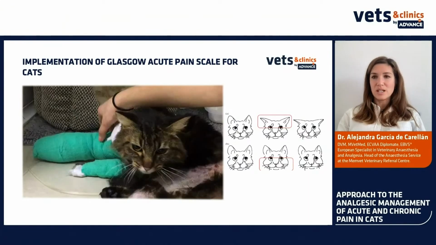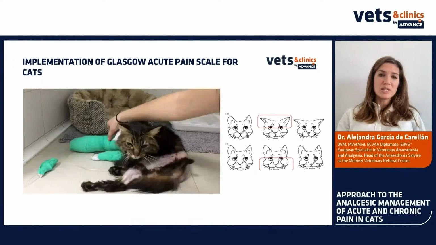The first one is the facial assessment. Ears are not tense anymore, whiskers are all the way to the front, and the muscle tension is not as it was before. Then when we approach the painful area, he licks his lips, and this is telling us that he's not comfortable with us touching the painful area.